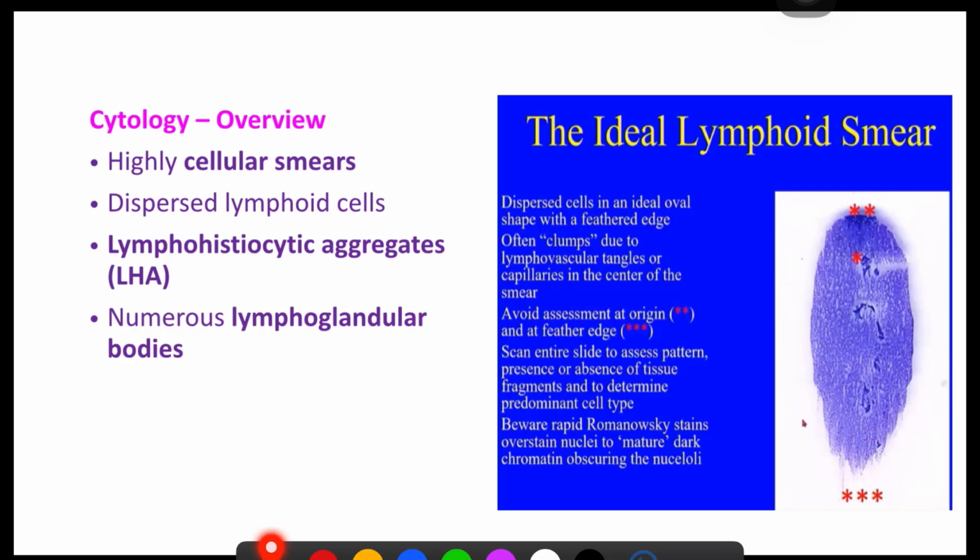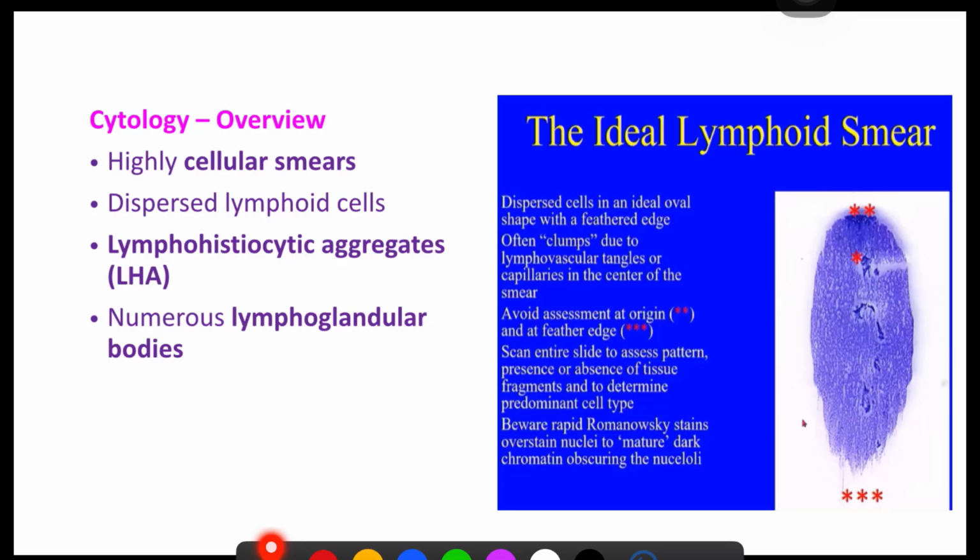Whenever we see under the microscope, we have to look at the center portion of the smear, where there is an ideally dispersed cell population, to look for its pattern. So we avoid the feathery edge as well as the origin portion, and always look in the center portion where the smear is properly spread.